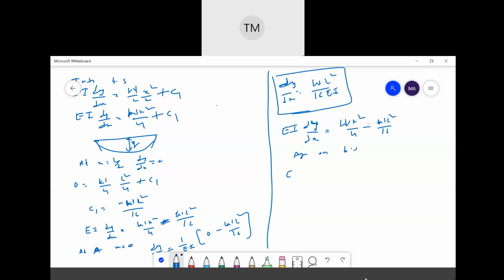Here I will get EI y is equal to W by 4 into x cube by 3 minus WL square by 16 x plus C2. Is it clear? Roll number 67. Is it clear? Yes, sir. Okay, anybody has any doubts?